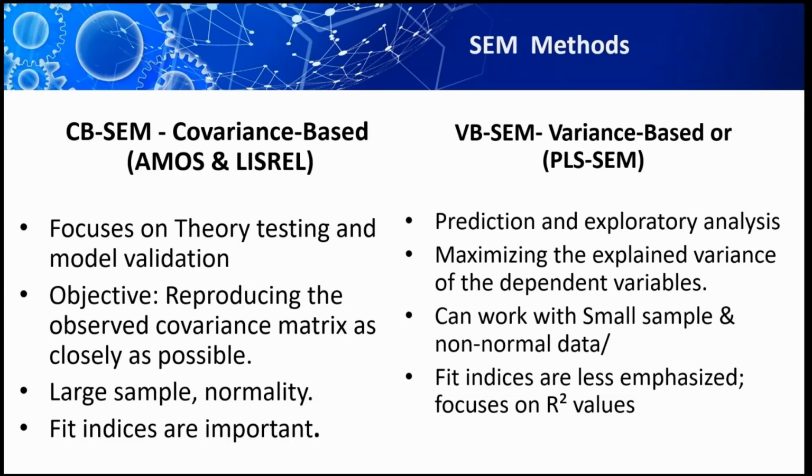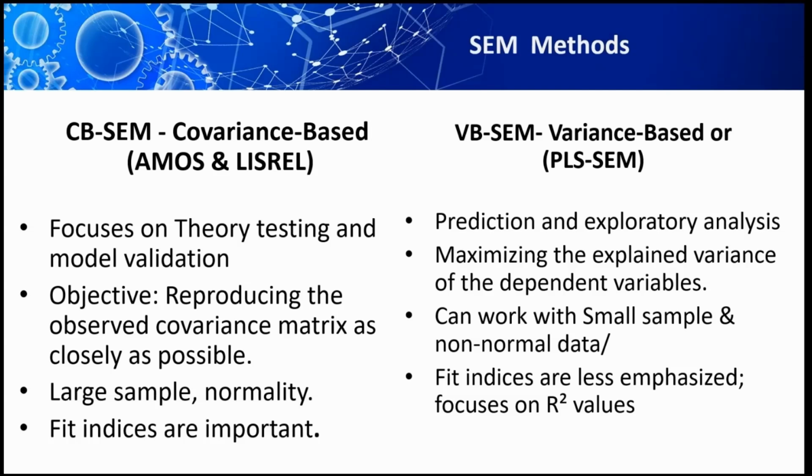So CB-SEM basically relies on certain assumptions: we have to focus on a large sample size, the data should be normally distributed, and the major concern is the fit indices. But PLS-SEM is not concerned about the normality of data. If you have a small sample, no problem, you can go ahead with PLS-SEM.